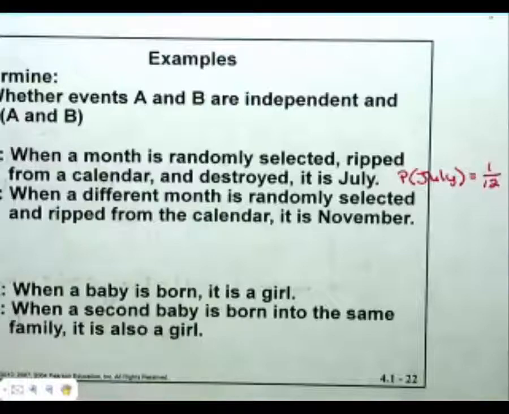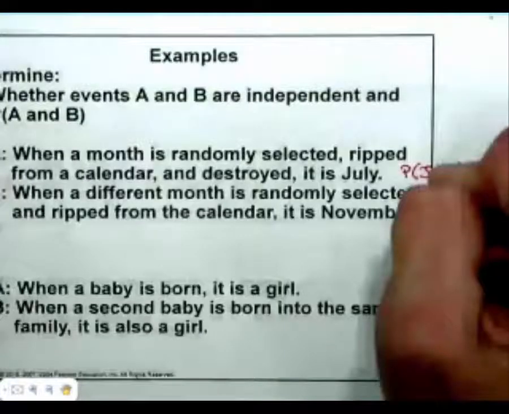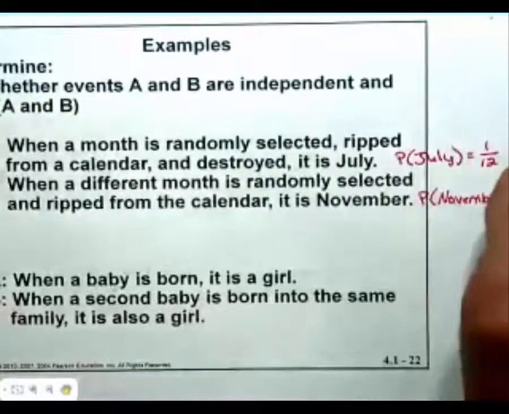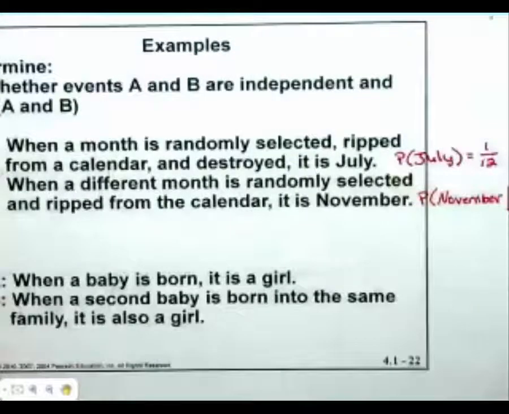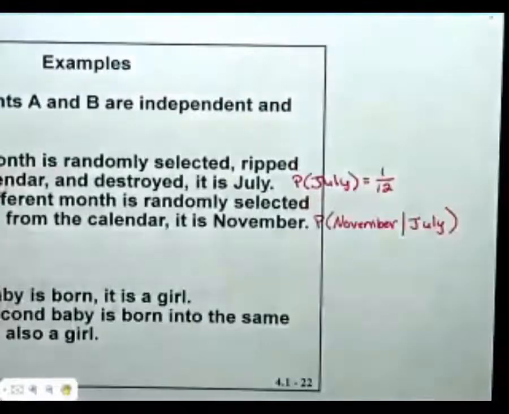So if you've already ripped out one page, that's the probability of November, given that you've already ripped out July. The calendar started with how many pages? 12, and after you ripped out one, it had 11. So what's the probability you're going to get November on your second rip? 1 out of 11.